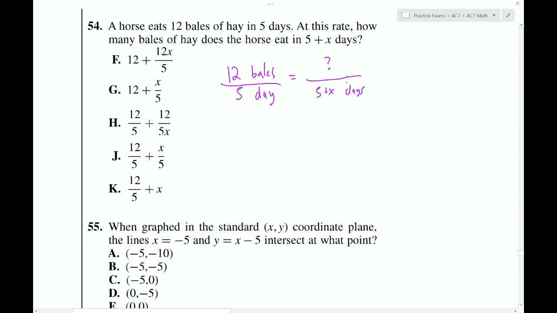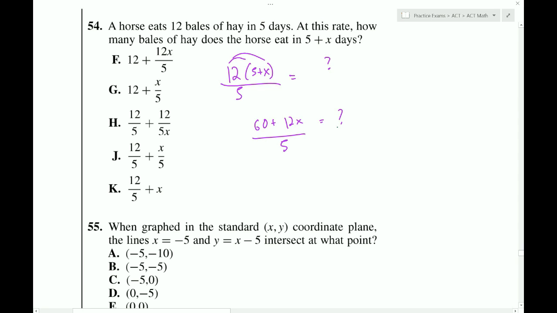So what we do is we could drop the units at this point, and we cross multiply. In this case, we don't actually fully cross multiply. We only move the 5 plus x diagonally to go here. And so then we just want to solve this out. So we could do that by distributing the 12. We get 60 plus 12x all over 5 equals question mark.